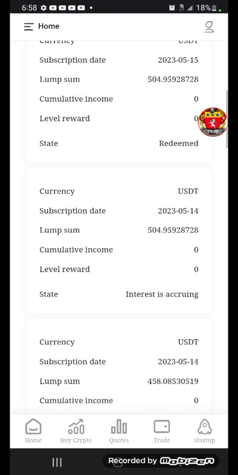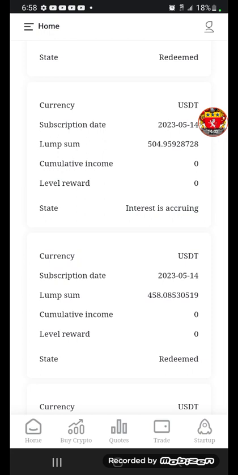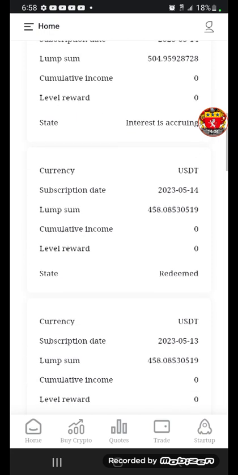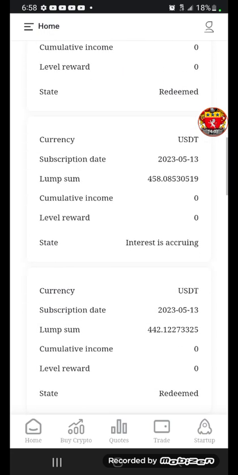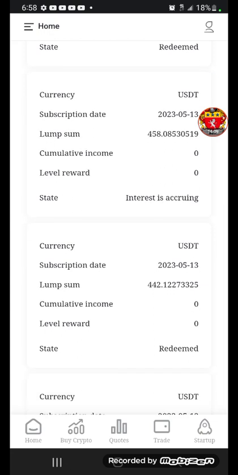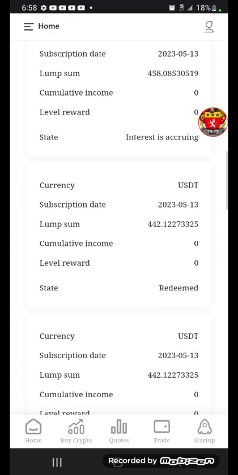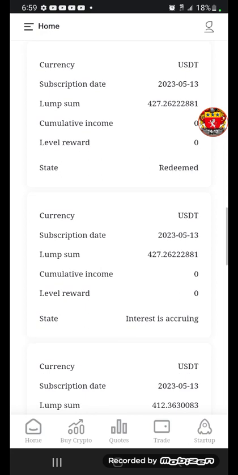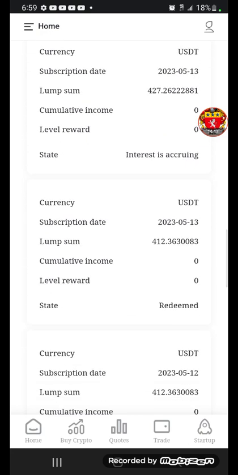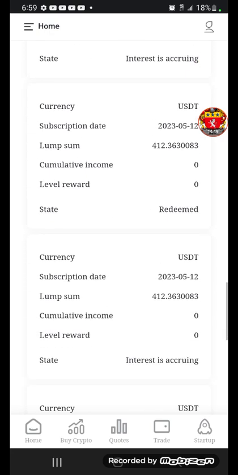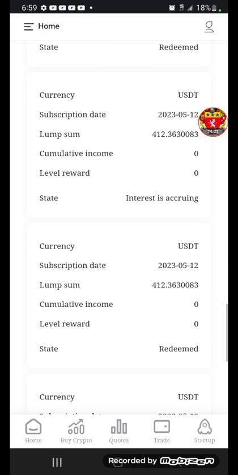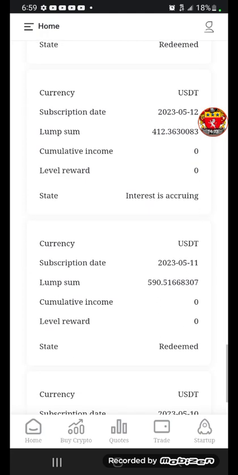And the day before that I had 458. And the day before that I had 442. And the day before that I had 427. And then 412. And my balance just keeps going up and up and up.